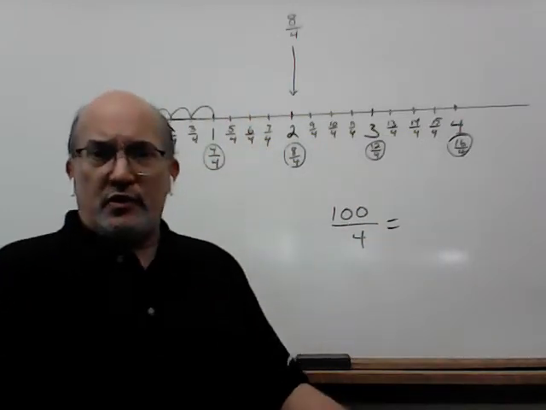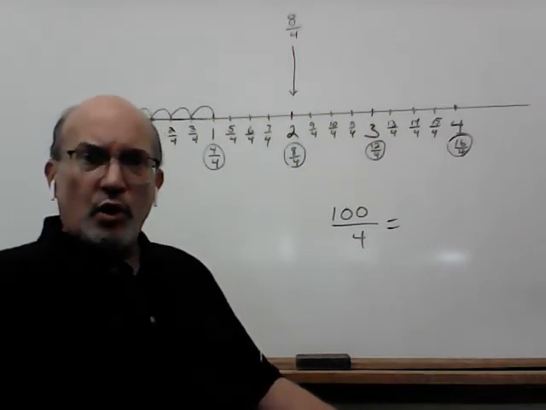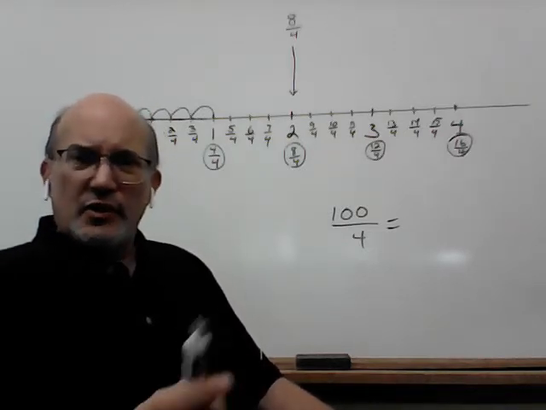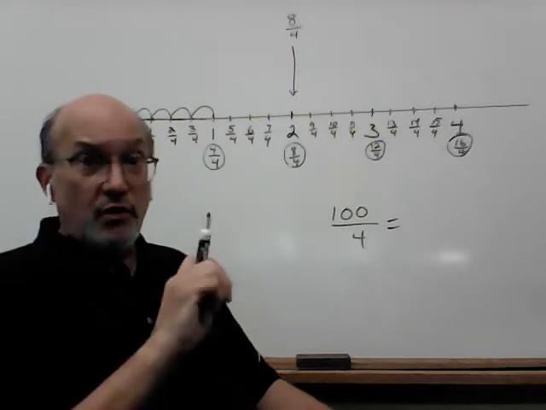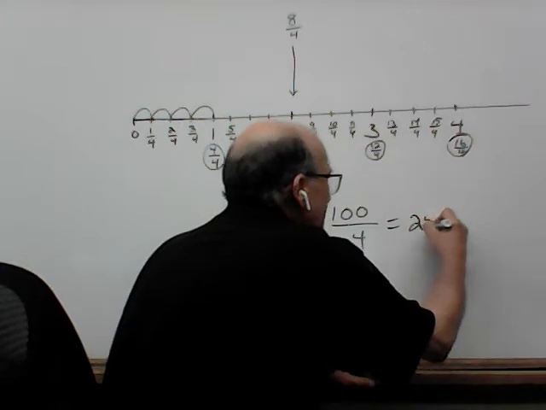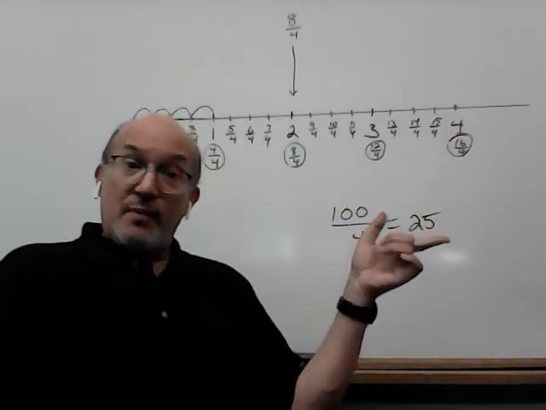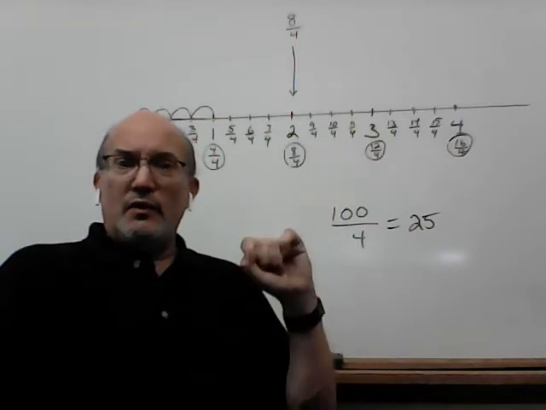100/4 is a whole number. Do you know what whole number 100/4 is? What's 100 divided by 4? You should know that. If you don't, learn it soon. 100 divided by 4 is 25. 100/4 is the same as the whole number 25.